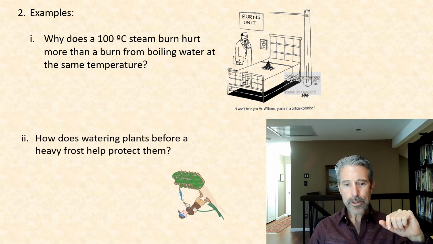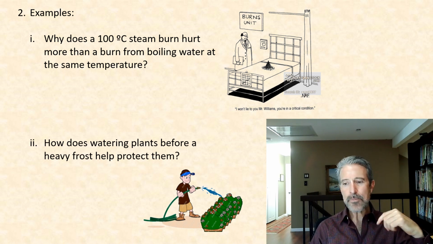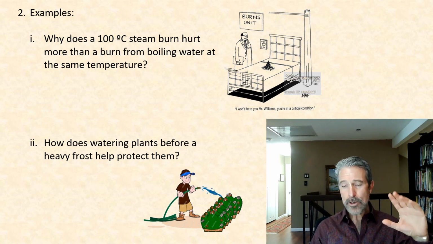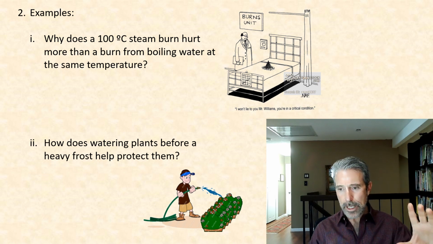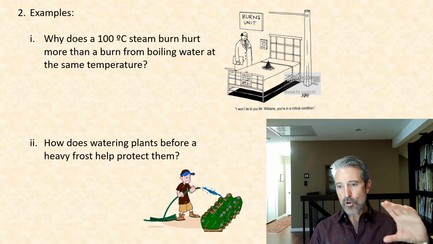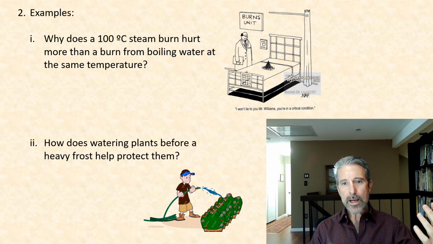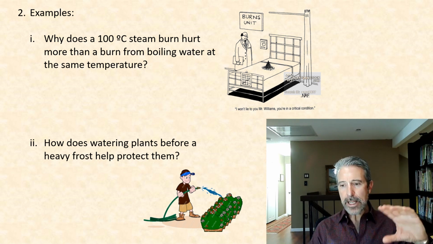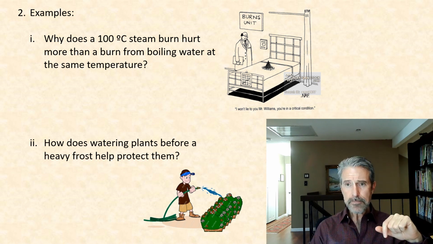All right, so let's take a look at one more example here. And this may be something that you've come across before. If there's going to be a frost outside, which very often happens here in Modesto, you're very often advised to water your plants in the early evening before the air temperature drops to the freezing point. Why is it that water helps protect them? Well, having a layer of water on the outside of the plants, let's think about what's going on as the air temperature continues to drop and get closer to the freezing point.